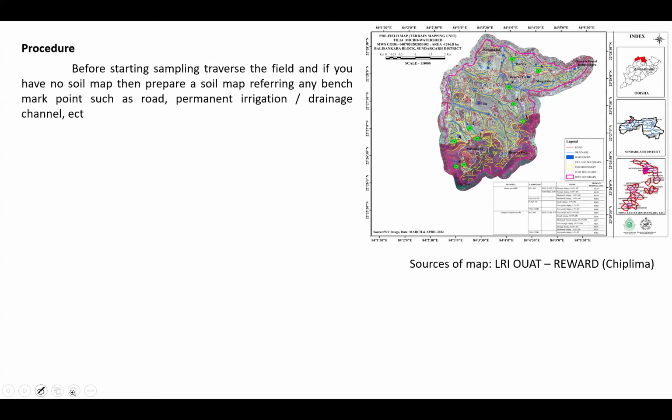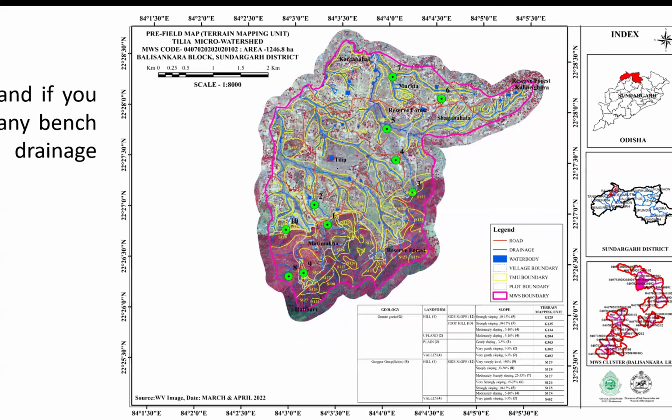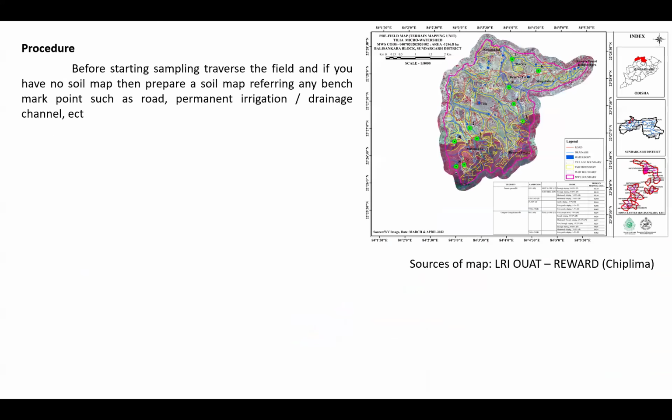So this is one of the satellite imagery. You can see here in this particular area there is each and everything. There is a road. If you have this legend, there is a road. This blue color is called your water body, and village boundary, everything is there. But in case no such type of map is available, we have to create one, we have to traverse, we have to walk in and around the farm and collect the information of that particular area.